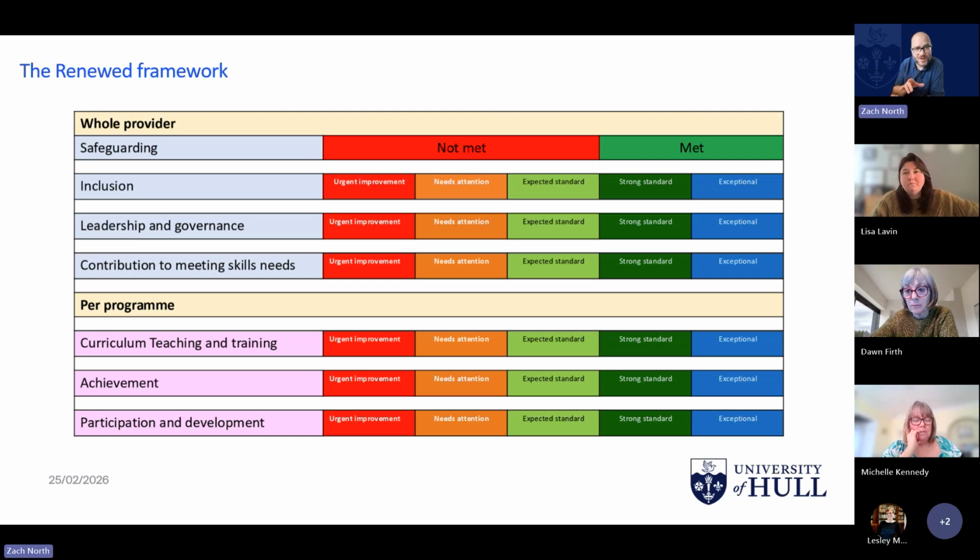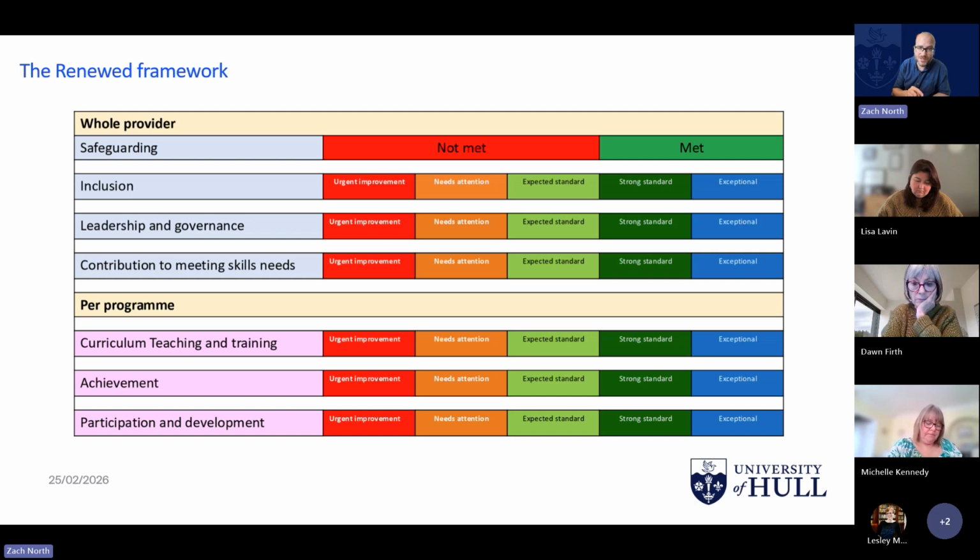The judgments are split as well between whole provider and per programme. Whole provider covers the judgments across safeguarding, inclusion, leadership and governance, and contributing to skills needs that we'd get as an institution. Then the per programme one should really be worded as per provision, because we'll actually get six judgments in this.